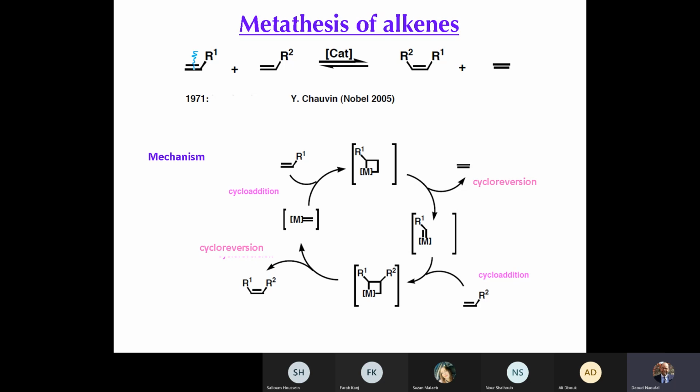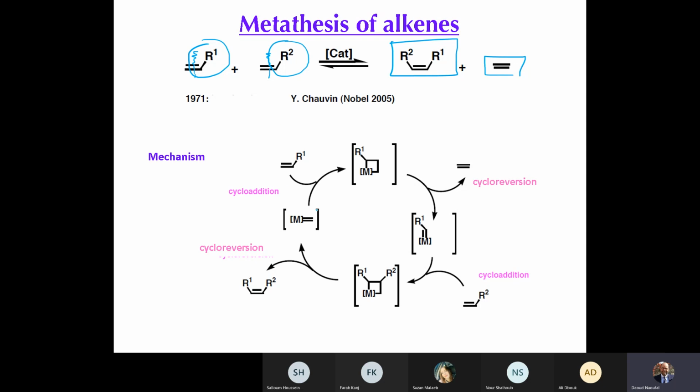So we break the first, we break the second, then we join one fragment with another fragment, and we obtain R1 R2 alkene plus ethylene. This reaction was discovered by Chauvin in 1971, and he got the Nobel Prize in 2005.